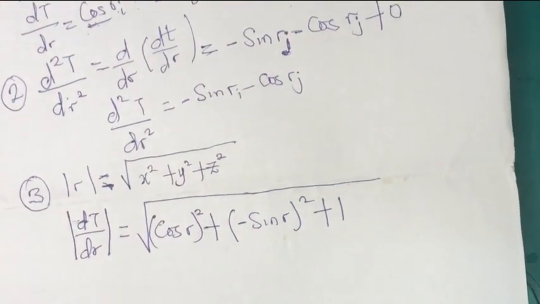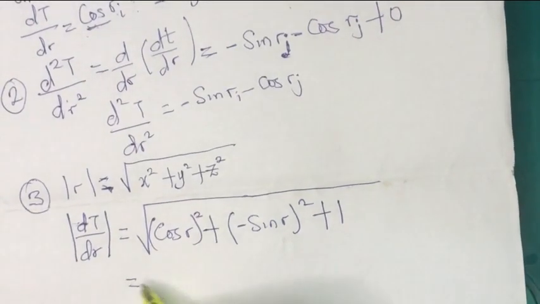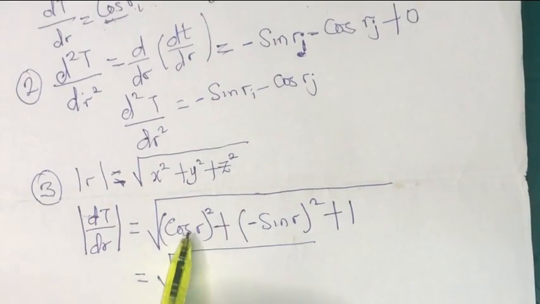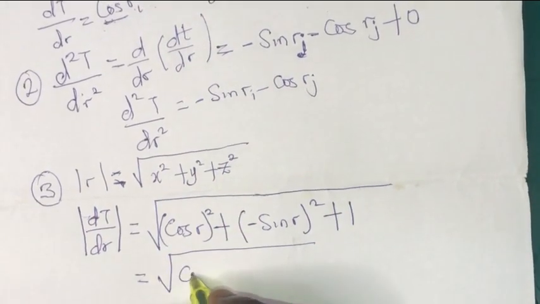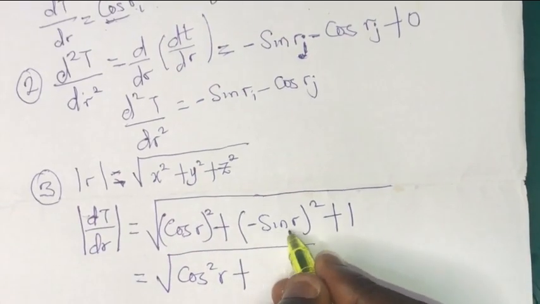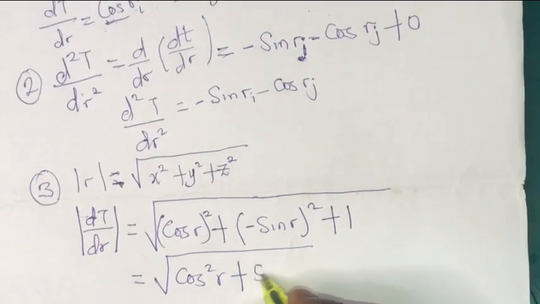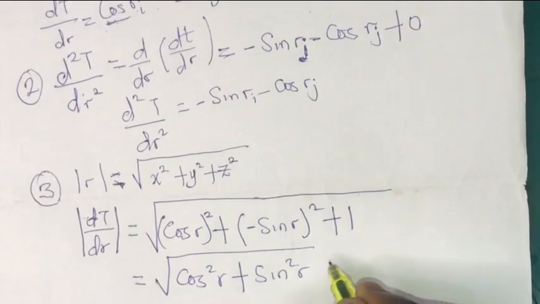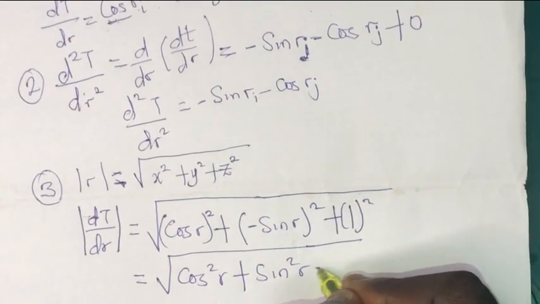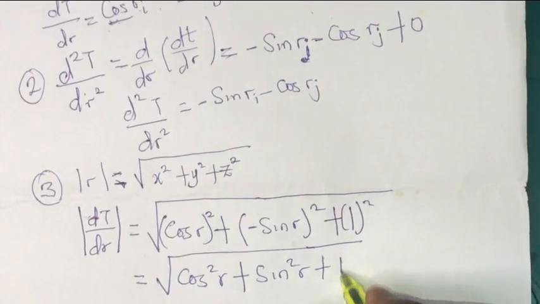Are you seeing that now? Then the square of this will give us cos squared t, plus minus sin t squared will give us sin squared t. Then plus 1 squared will give us 1.